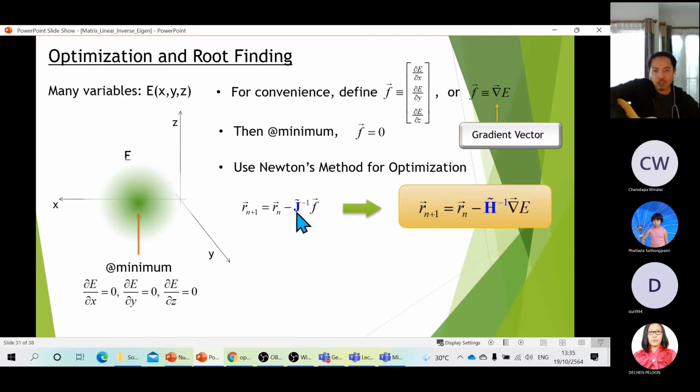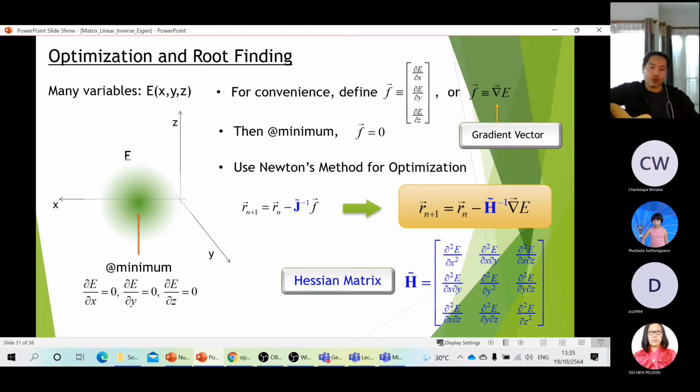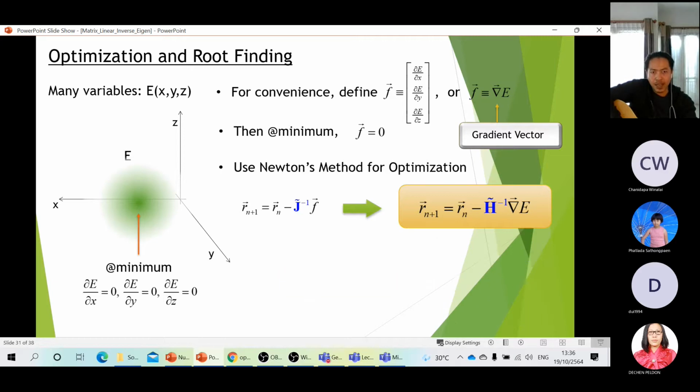The matrix J, the Jacobian, which is the first derivative, will be turned into the matrix H, which is a second derivative matrix, defined as this one. Okay, now that is how you do it. Let me go back to the one-dimensional case just to see the analogy.